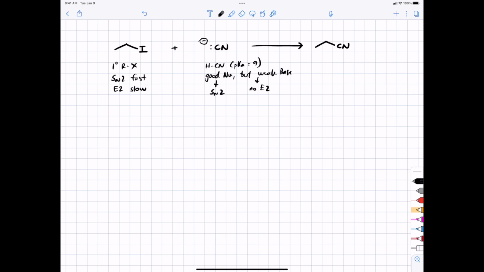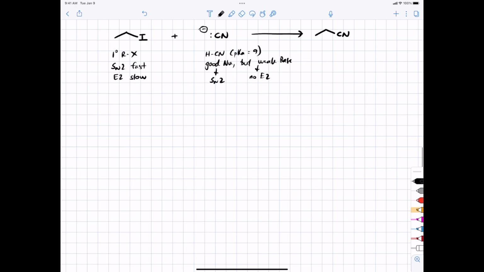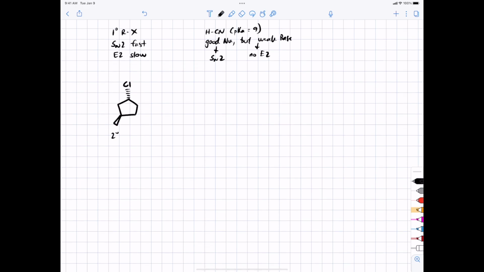Okay? Similarly, if we used this secondary alkyl halide starting material, we would say, well, SN2 is possible for the secondary alkyl halide, and E2 is also possible.